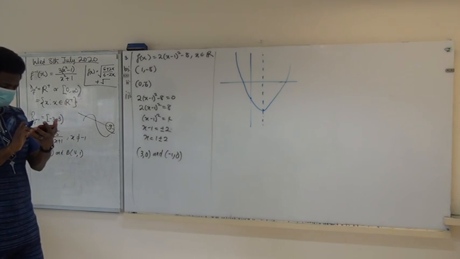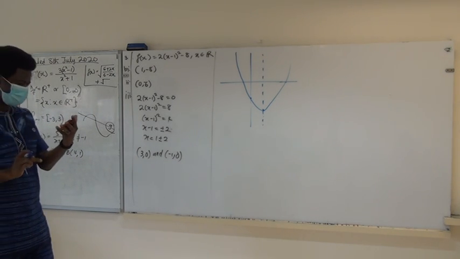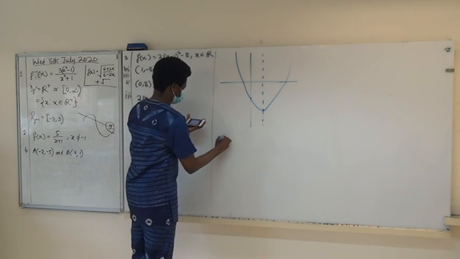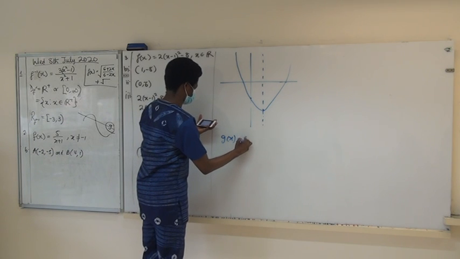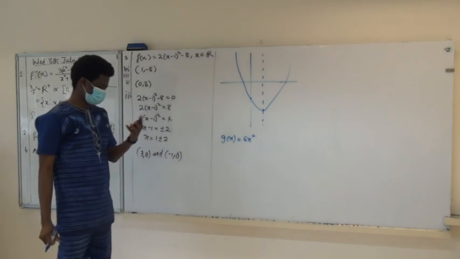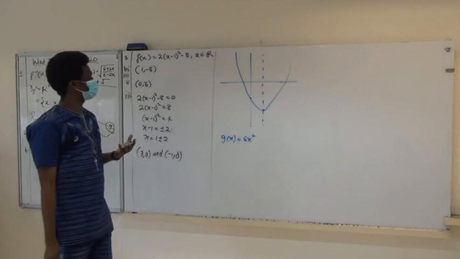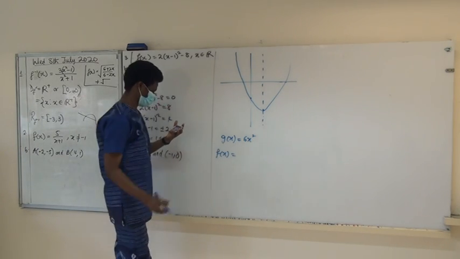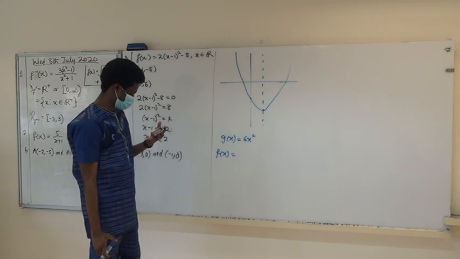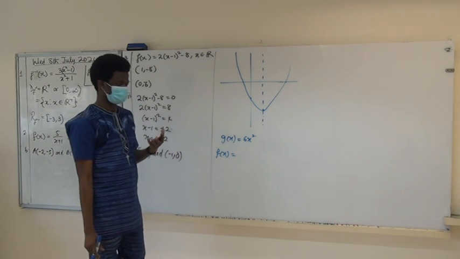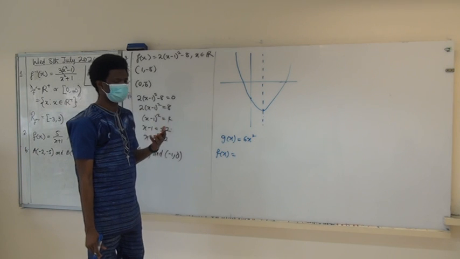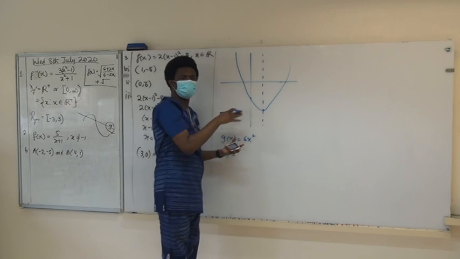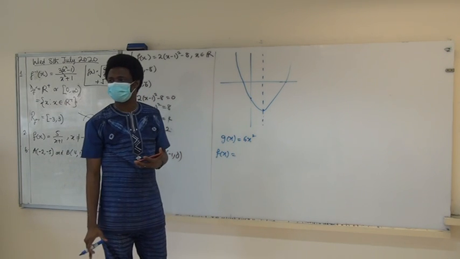Then what else are we asked to do? The last part, but not the least: g is 6x squared. The question says f is obtained from g, when something happens to g. What happens is that g is first stretched by scale factor a in the y direction, which means a vertical stretch.